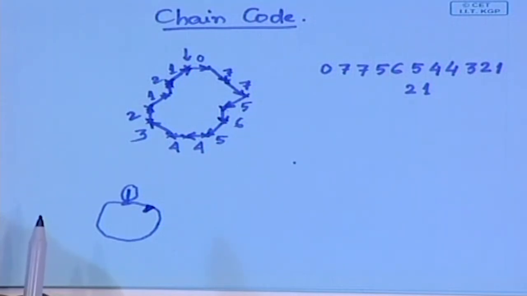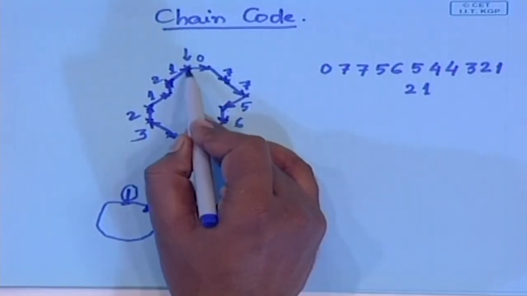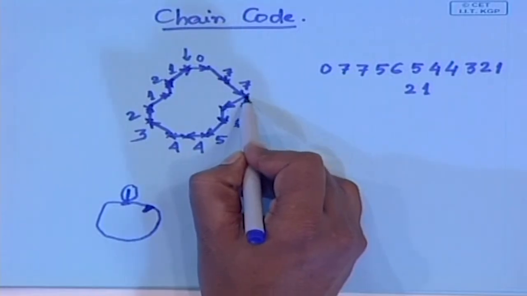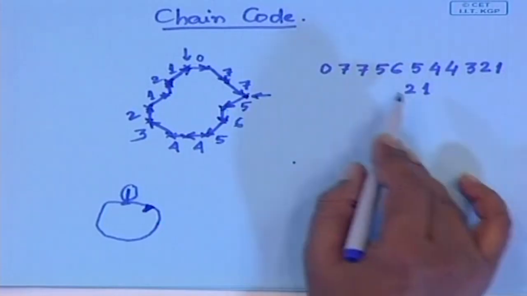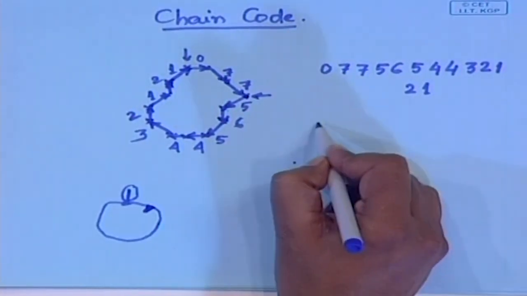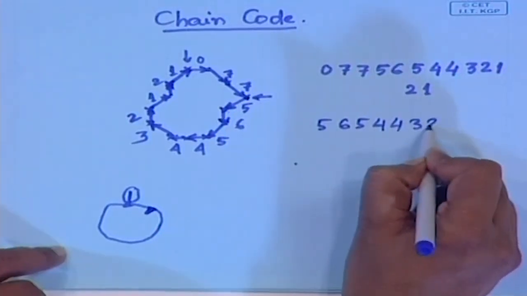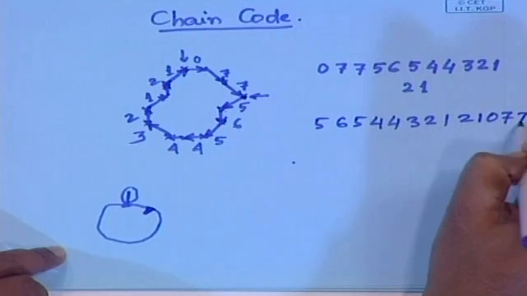And you find that the problem with this chain code is that instead of taking this as my starting point, if the starting point comes somewhere over here, then the chain code will be totally different. The chain code will be 5, 6, 5, 4, 4, 3, 2, 1, 2, 1, 0, 7, 7.